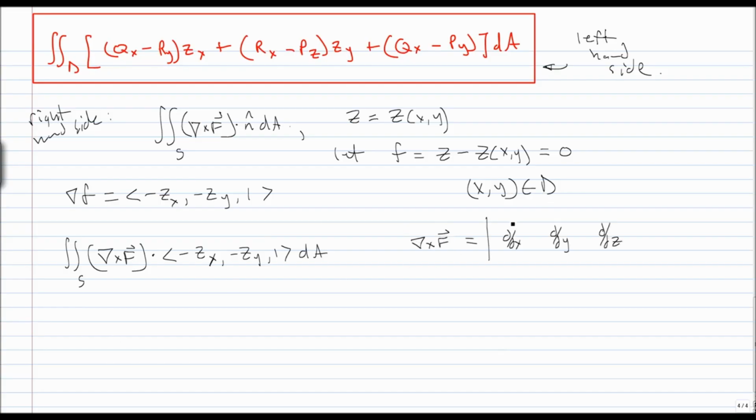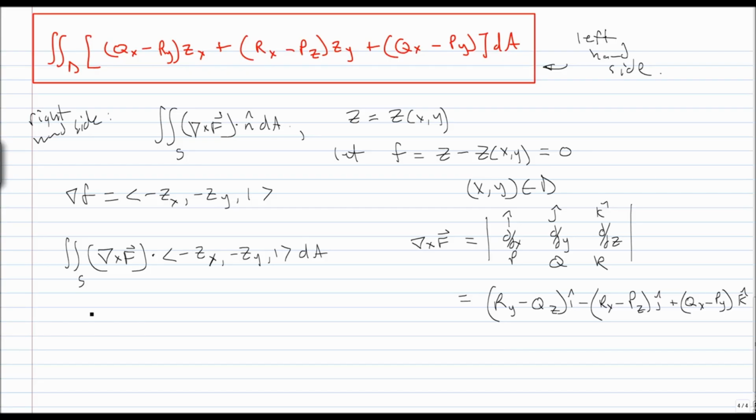So we know that the curl of f is going to be equal to this determinant. That's going to be equal to r sub y minus q sub z in the i hat direction, r sub x minus p sub z in the j direction, q sub x minus p sub y in the k direction.